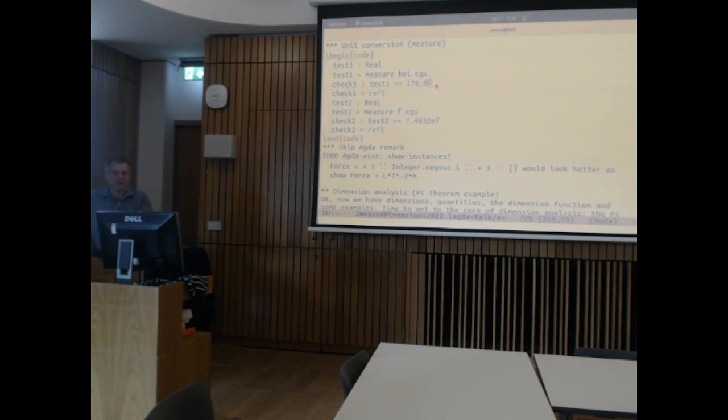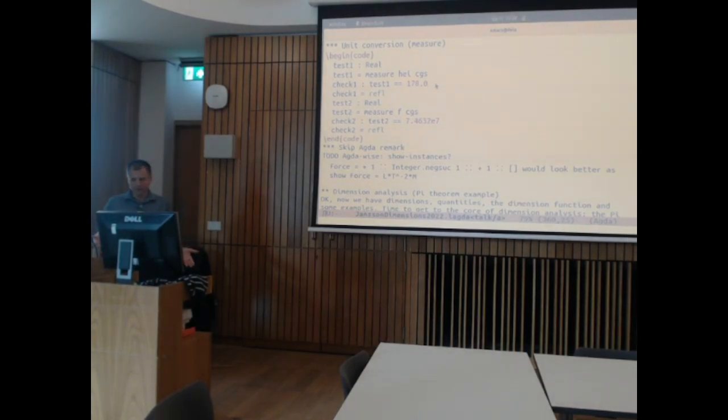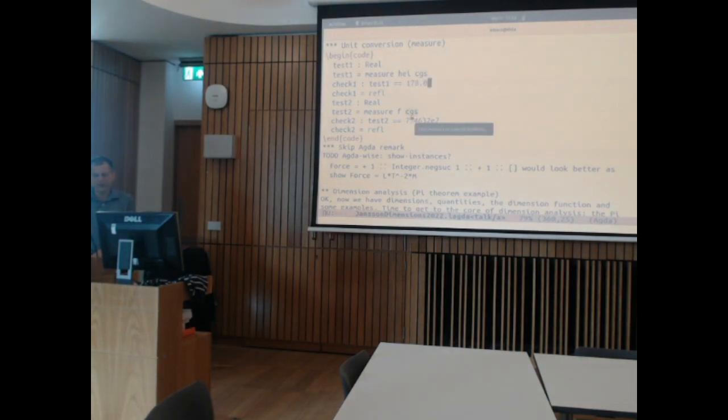I just wanted to have an example, and it's a bit impractical to use rational numbers with these bigger numbers. So anyway, my length is 178 in the CGS system, and apparently the force that I'm exerting on the floor here is 7.4 times 10 to the power of 7. Because remember, this CGS system is a measure of very small things like centimeters and grams, and so all the numbers become very big.